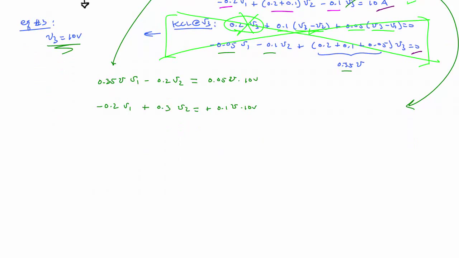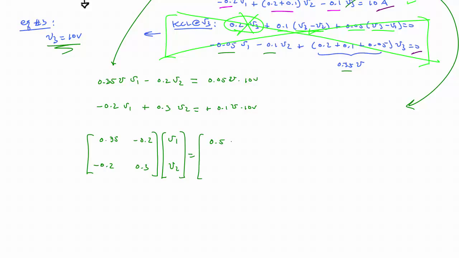So we can put this into matrix form again. We have 0.35, minus 0.2, minus 0.2, and 0.3, all of that times V1, V2, equal to, and here we'll go ahead and write this out, 0.5.